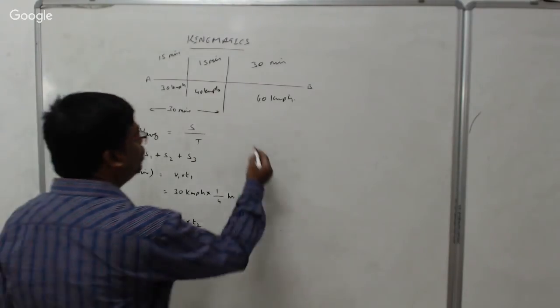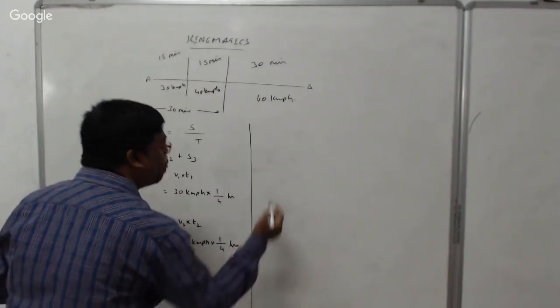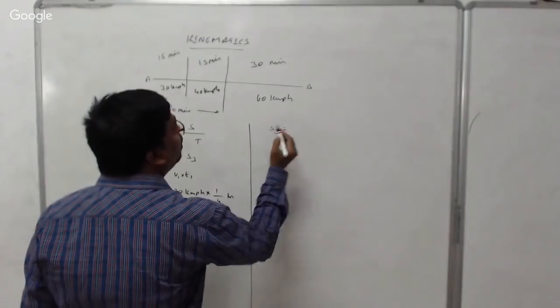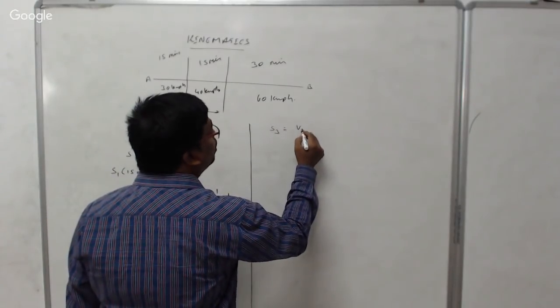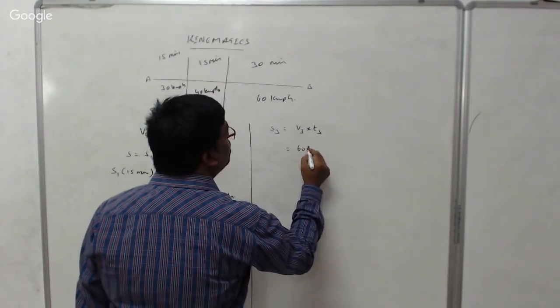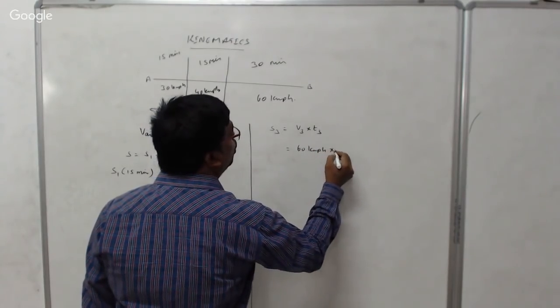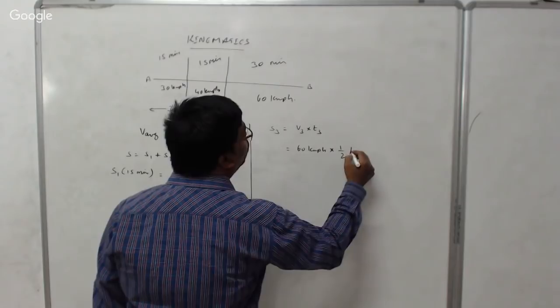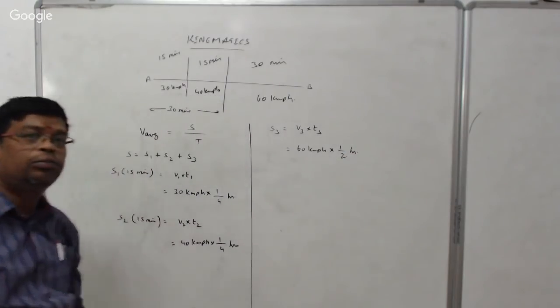And the next one, distance traveled in the last 30 minutes, V3 into T3, that is 60 kmph into 1 by 2 hour, half an hour.